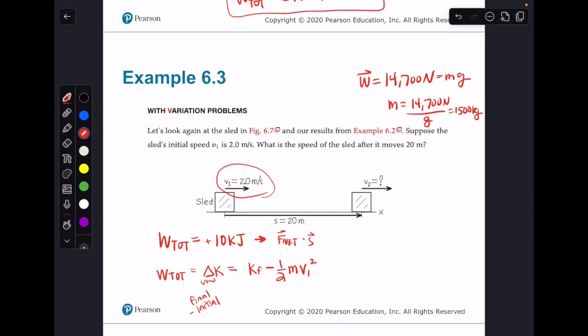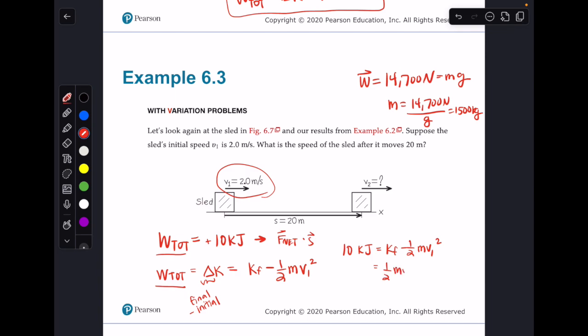Let's finish setting up this equation, right? This work done calculated in this fashion is exactly the same as work calculated in this fashion. So we can set those two values equal to each other. 10 kilojoules equals final kinetic energy minus 1/2 m V1 squared. Well, what is the final kinetic energy?